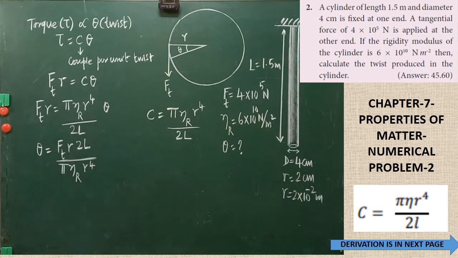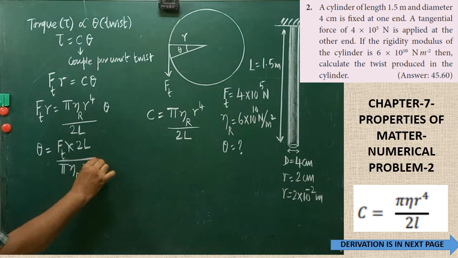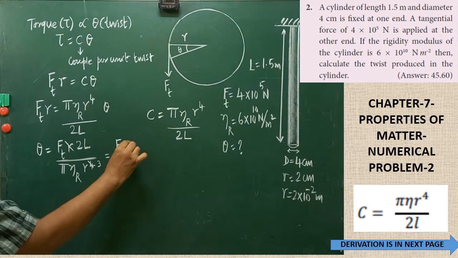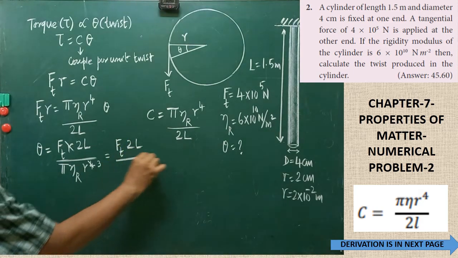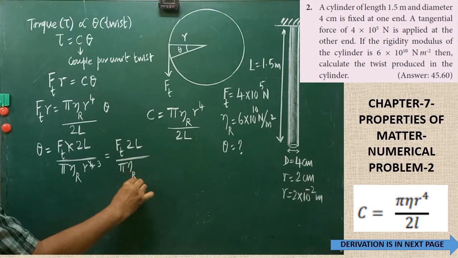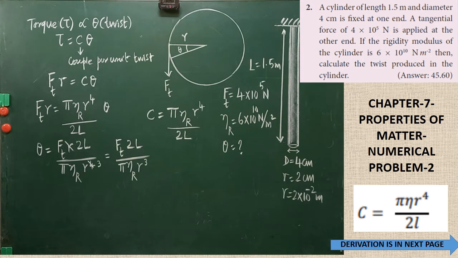So this is the required formula. Here one R can be cancelled and this one becomes cube. So finally the formula will be Ft 2L whole divided by pi eta r power of cube. This is the formula. Now I am going to substitute all the values. After that you will get the answer.